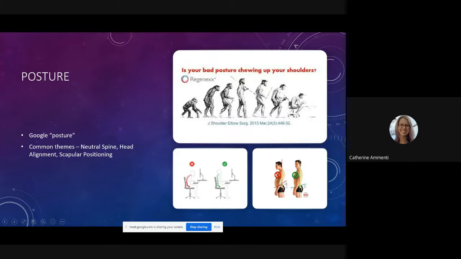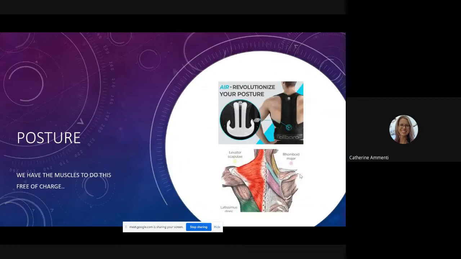So if you correct one, oftentimes the other will also fall into place. But remember, we are also influenced by how tight the anterior scapular muscles are. If those anterior scapular muscles are really tight, then they're going to pull the scapula forward, increasing the likelihood of thoracic kyphosis.